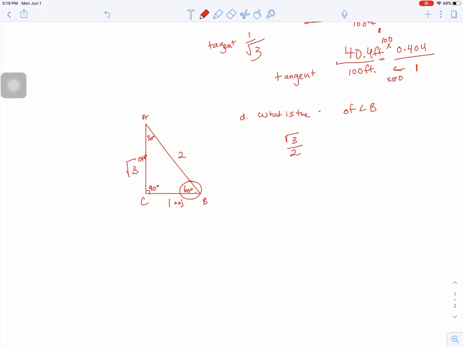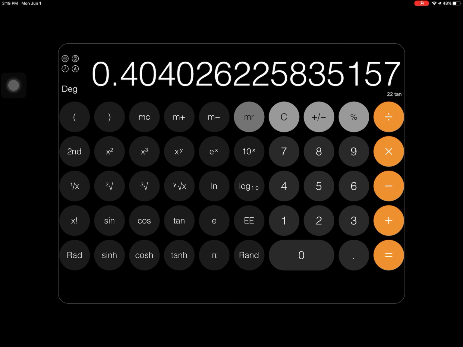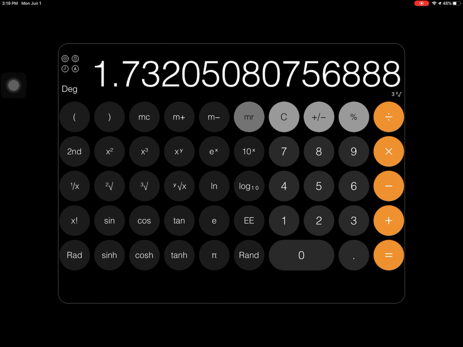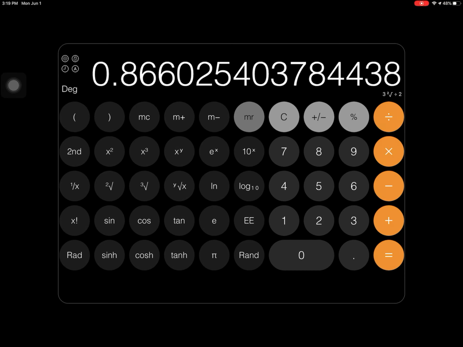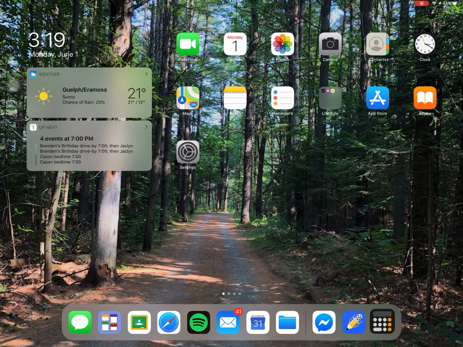Now you could actually figure that out on your calculator as well. So you go square root of 3 divided by 2, and you get this number. That would give you the decimal number.